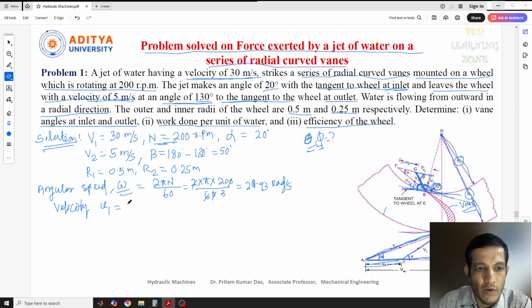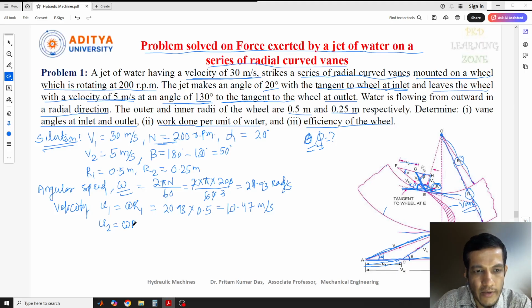So I can write the Venn velocity u1, that means at inlet condition. u1 equal to omega r1. So omega equal to 20.93 into r1. This is 0.5, just half of this. So this is nothing but 0.47, so I am writing 0.47. Similarly, u2 is the Venn velocity at the outlet condition.